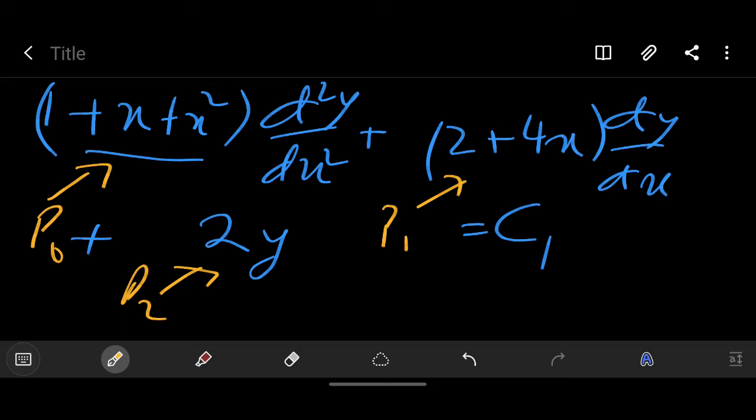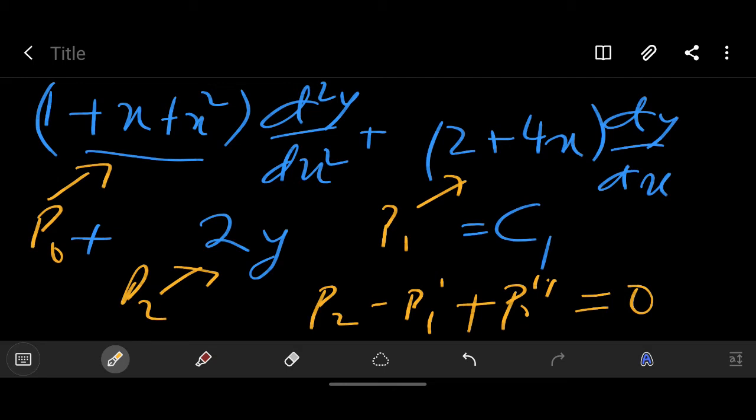Now we can check the exactness: p2 minus p1 prime, the first derivative, plus p0 double prime, the second derivative. If this is 0, then we say that this reduced differential equation is exact again. So let's see. p2 is true. p1 first derivative would be 4. So 2 minus 4, which is minus 2.